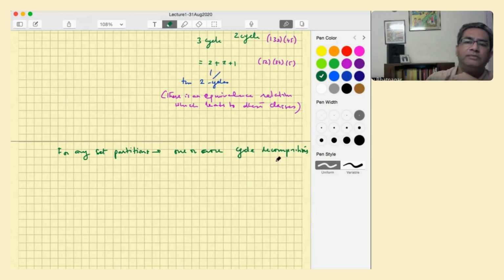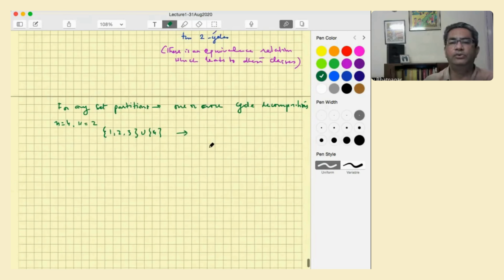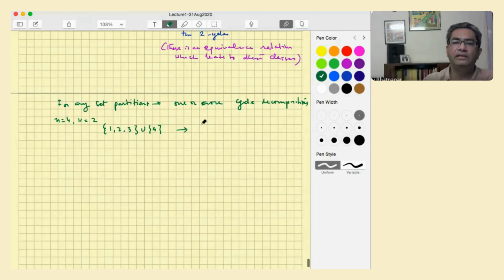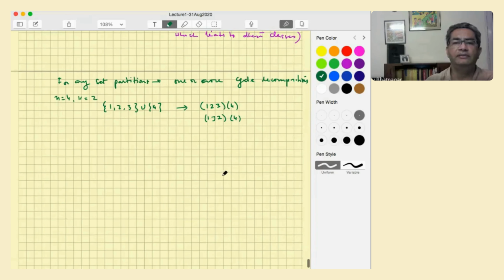So let's do some example. Let's take n equal to 4 and k equal to 2. So this leads to certain things. You can have 1, 2, 3, 4, and we can have 1, 3, 2, 4. These two are different, they're not cyclic arrangements.